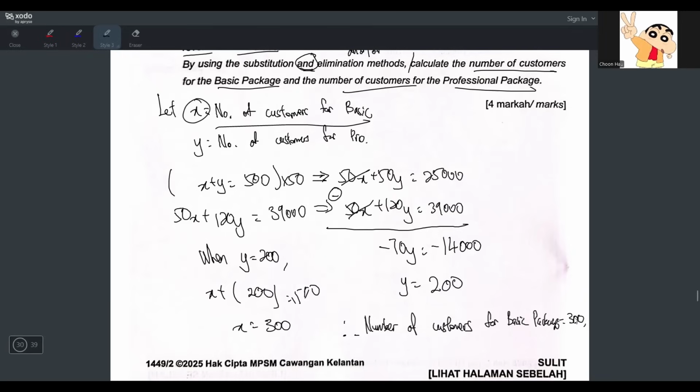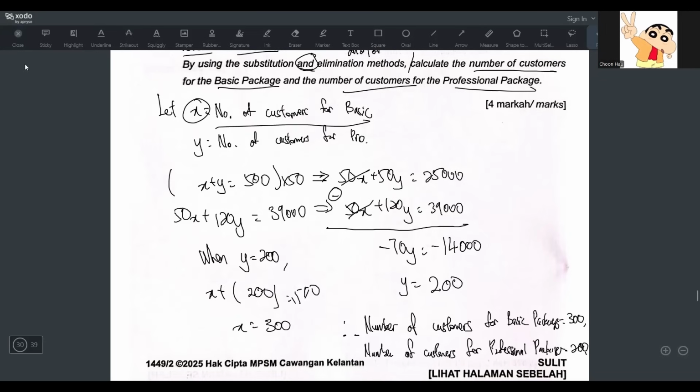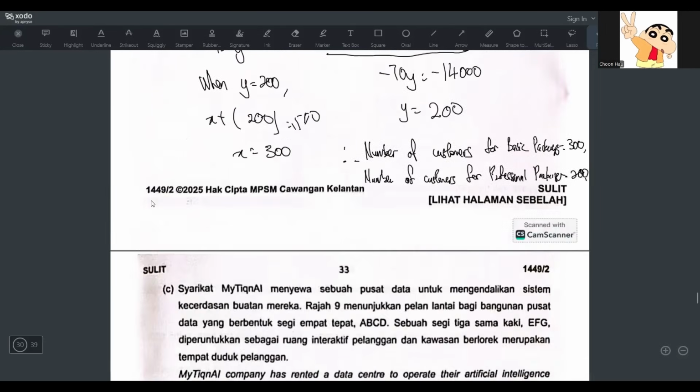This one has no unit, because number of customers has no unit. And then comma, number of customers for professional package will be the Y, which is 200. So you should write like this to get full marks. Okay, that's all.